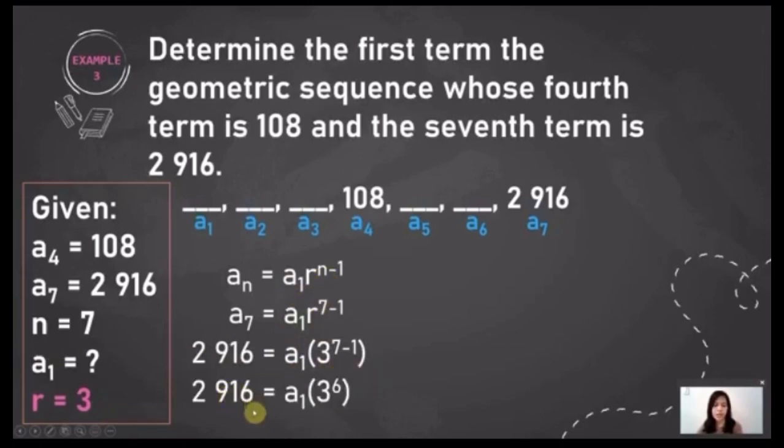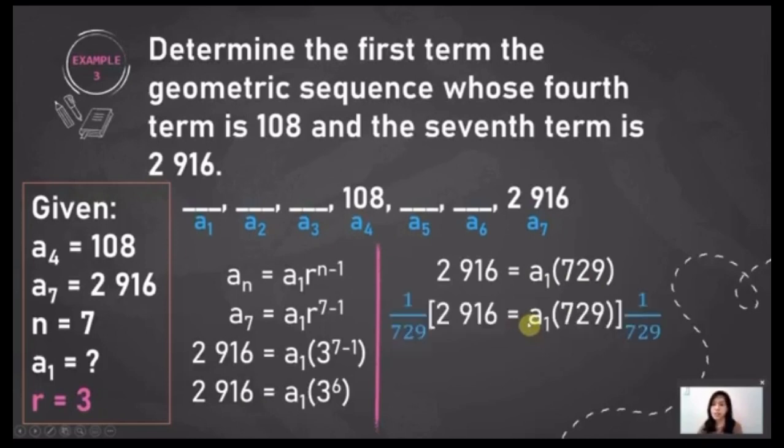Now 2,916, a sub 1, 7 minus 1 is 6. And let's evaluate. 2,916 is equal to a sub 1 times 3 raised to 6, multiplying 3 to itself 6 times. That's 729. Then to solve for a sub 1, we can divide both sides by 729 or multiply both sides by the reciprocal of 729, which is 1 over 729. Okay?